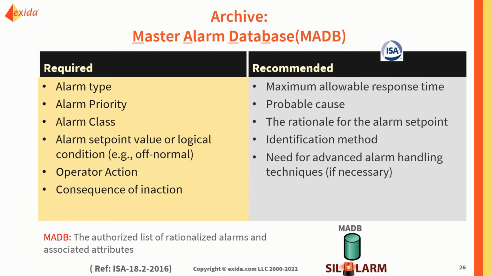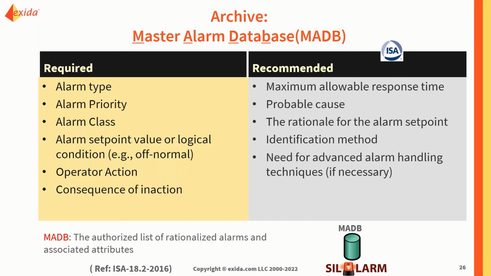So whenever you do a download from your control system and compare that with this MADB, which should be static unless you go through another round of rationalization, and you realize that the comparison creates some kind of discrepancy between your control system and your MADB, that means someone made unauthorized changes within your control system.